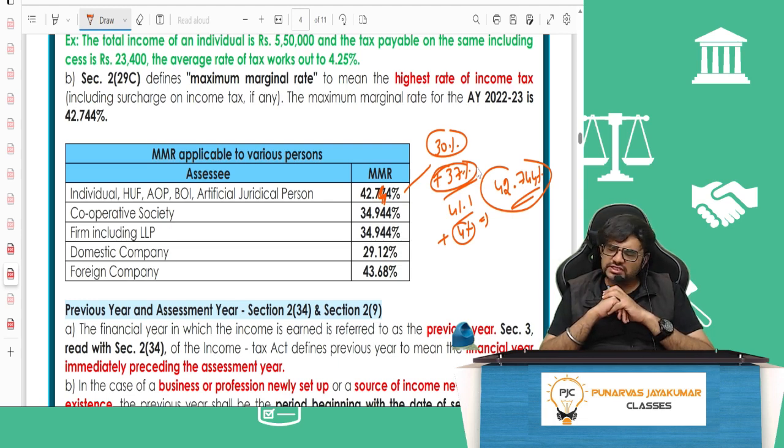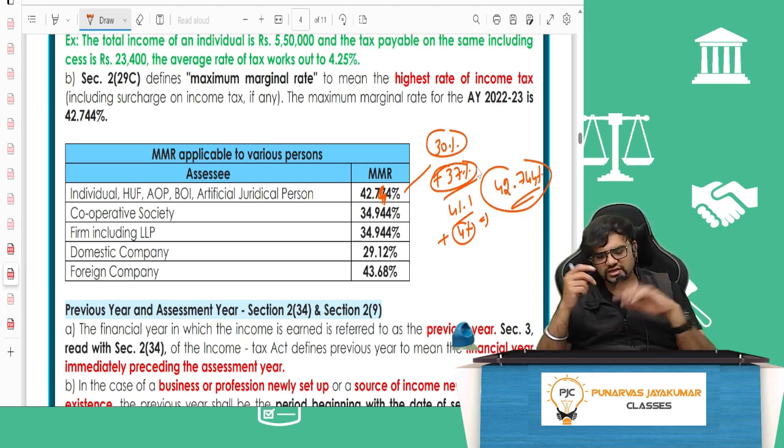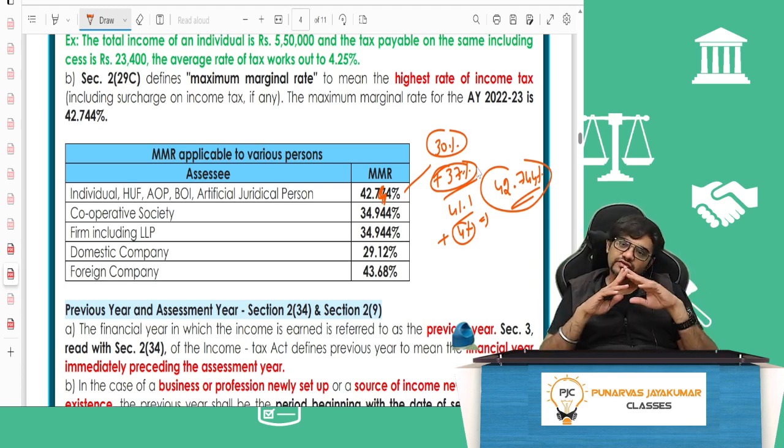Plus 18% GST you are paying whenever you buy some stuff. So technically you are paying 60%. Think about it. What is the development you are getting is one more question. That's why people do not want to stay in India. They go abroad. Because there, even though the tax rate is, let's say, 50%, everything else is free. You'll get a lot of benefits. In India, because of population and our politicians who will eat half of it, nothing you will get.